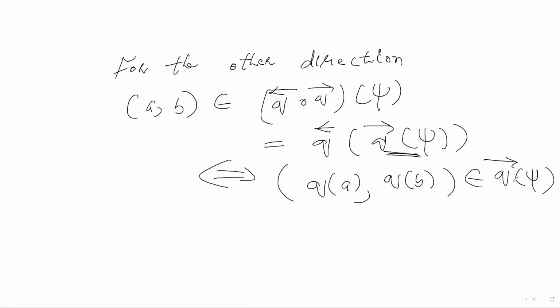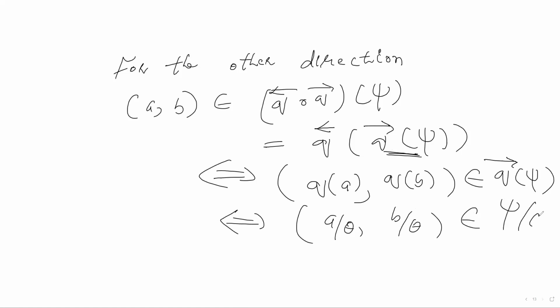Okay. And now this Q of A is what? Q of A is A by theta. Q of B is B by theta. And Q forward arrow of psi is actually psi by theta. So if and only if this belongs to psi by theta.